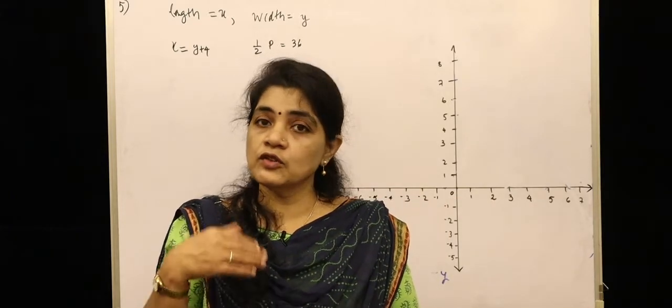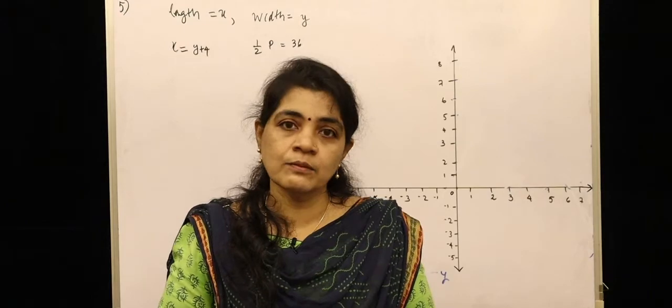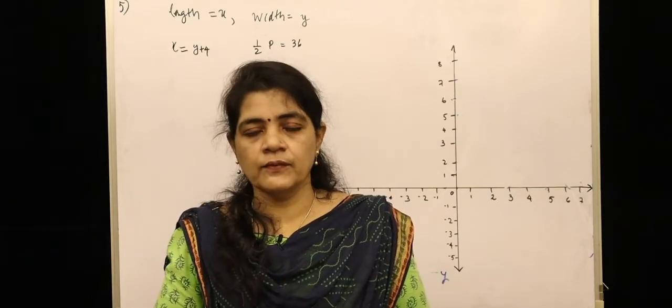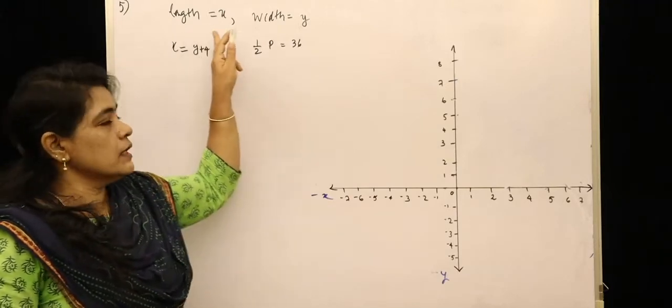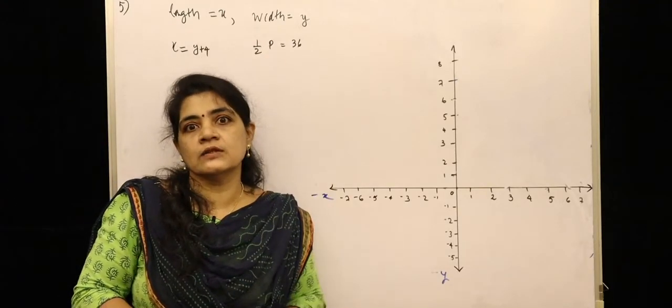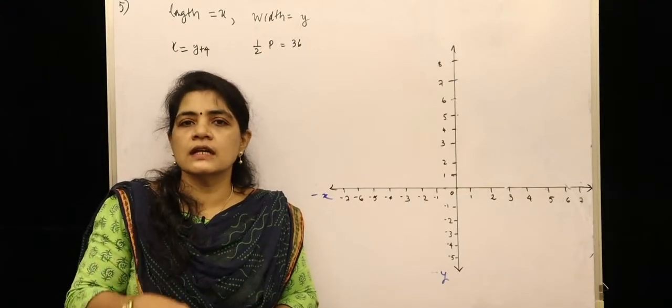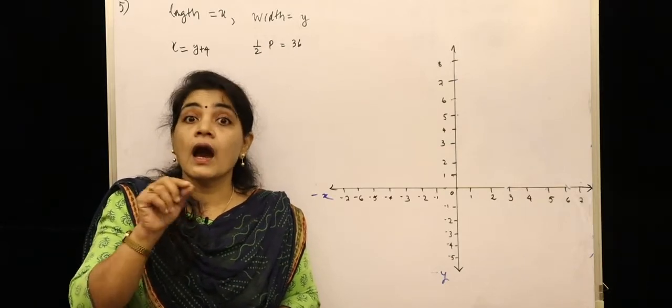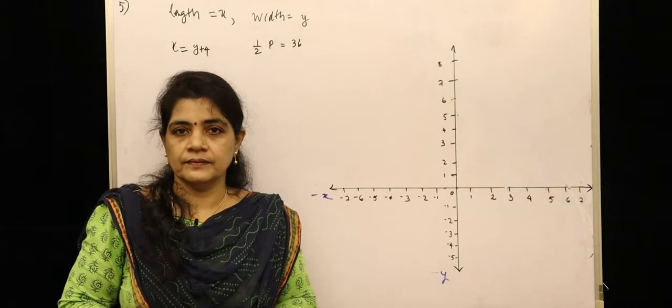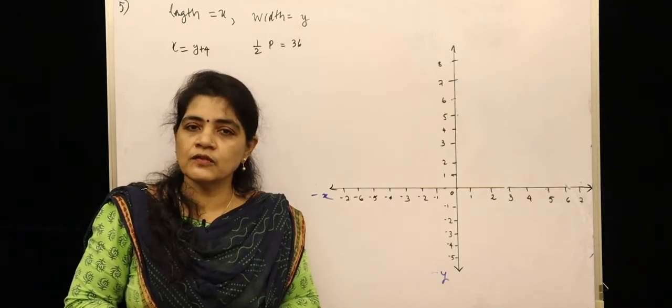That means we have to find out the length as well as its breadth. Width means breadth. Yes children, so we are taking the length as x and breadth as y. And what all things are given? 36 is half the perimeter. And what is the perimeter of the rectangular garden?